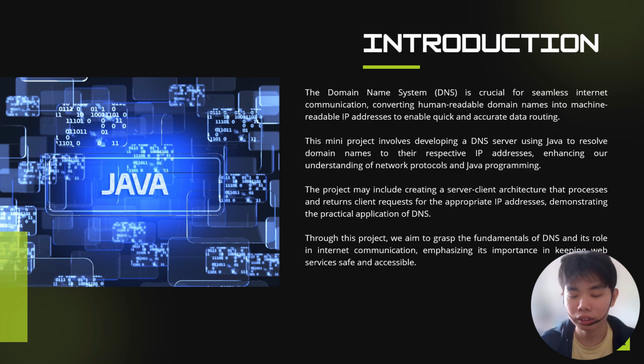DNS is the Domain Name System, which is very crucial for internet communication. Why is it so important? Because it helps convert human-readable domain names into machine-readable IP addresses. For example, if I want to visit www.google.com, DNS will translate it to the IP address that google.com belongs to, for example 8.8.8.8, because numbers are easier for the computer to understand.